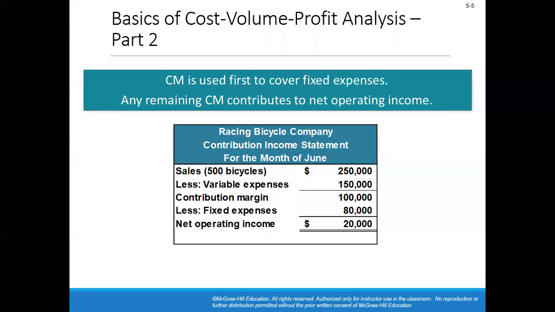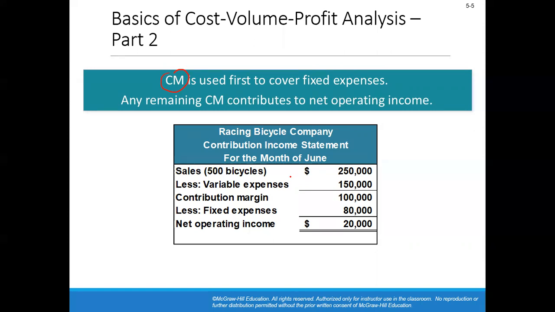The concept of contribution margin is as before, what we learned from the previous lectures. It is the remaining or leftover amount after subtracting the variable expenses. The purpose of CM, or contribution margin, is to identify whether it is adequate to cover the fixed expenses. If the contribution margin exceeds the fixed cost, we will have positive net operating income, otherwise not.